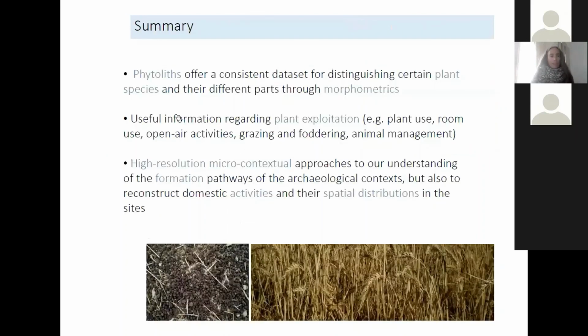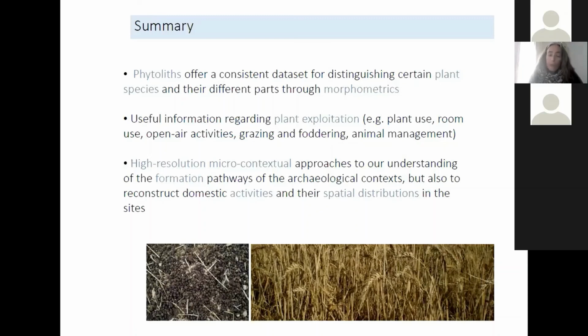And that's it as a summary, very quickly. I just wanted to illustrate, for the phytoliths and other microfossils, what limitations they have. But it's true that they offer a consistent data set for distinguishing certain plant species and also different plant parts, which is also an interesting use for looking into plant exploitation and plant use and also other farming activities.